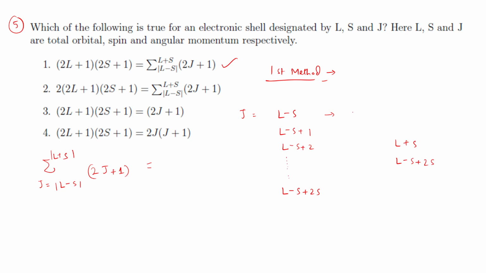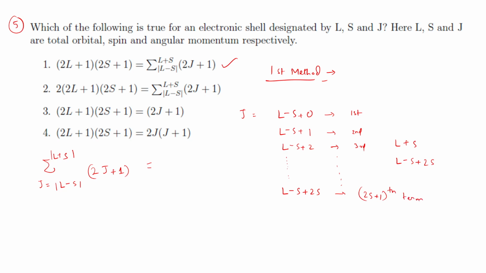This is the first term, this is the second term, this is the third term, and so on. Note here it is 0 for the first term, 1 for the second term, 2 for the third term, so the last is 2S. So this is the 2S plus 1th term.